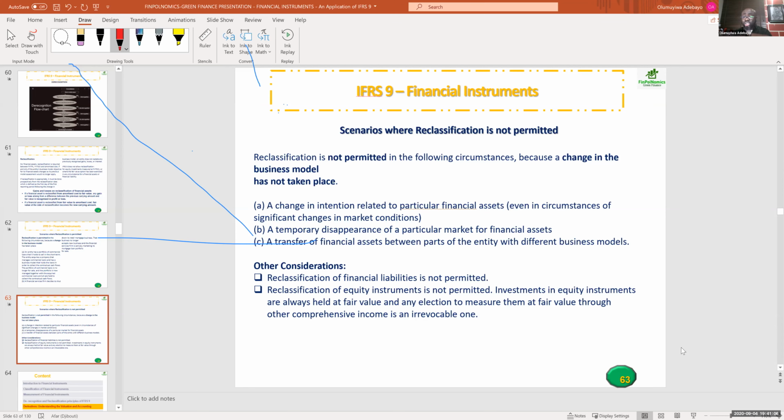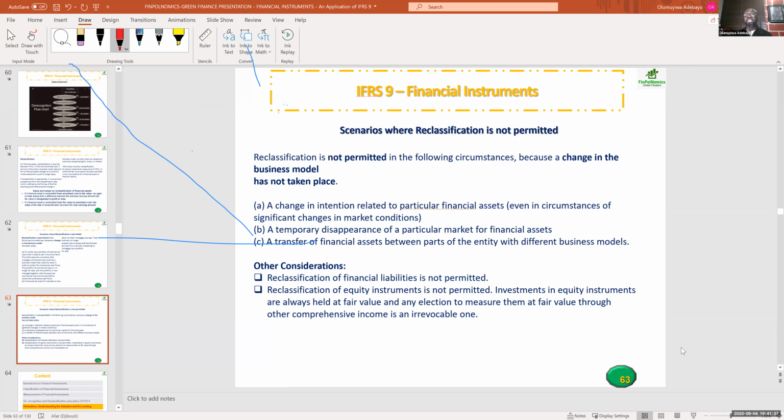And for a short period of time, or temporarily, the market pricing more or less disappears from the market, which means it remains the same amount over a short period of time. And you now believe that on that basis, you can no longer hold that fair value because there's no basis of measuring that fair value. And therefore, you want to reclassify to amortized cost. Such will not be permitted because it's a temporary disappearance. It is not a permanent disappearance.